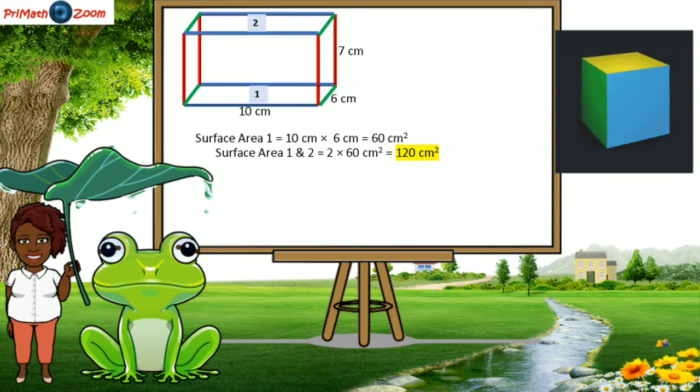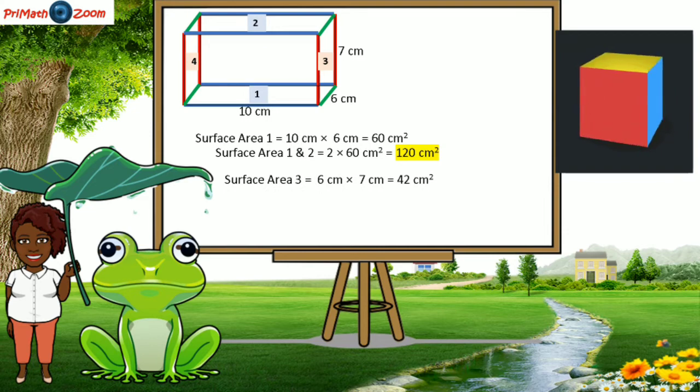So let us look at the face at the side here. We're going to identify it with 3. And this face here has dimensions breadth and height. So 6 multiplied by 7 will give us the area for this face. But remember that the face opposite to this one is also 6 multiplied by 7. They're the same surface area. So over here where we have 4, these two faces have the same surface area.